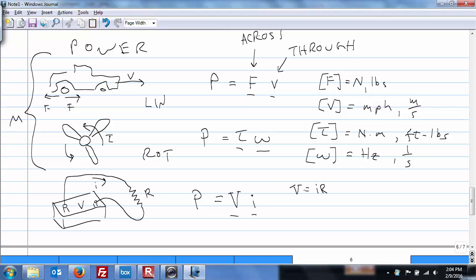If I take that equation and shove it in here, I get power equals I squared R. Now, what kind of energy is that? Electrical? It's electrical, but it's actually electrical energy being turned into thermal energy.